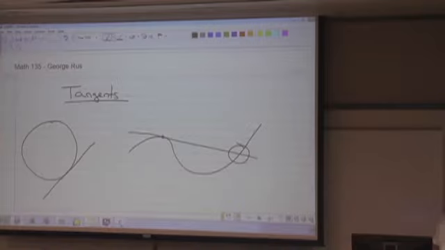Everybody sees that? And so we have to be a little more specific about how we define tangents. The definition of a tangent would basically be that it touches the graph at one point, but it doesn't cross it. Okay, that's the key idea behind it.